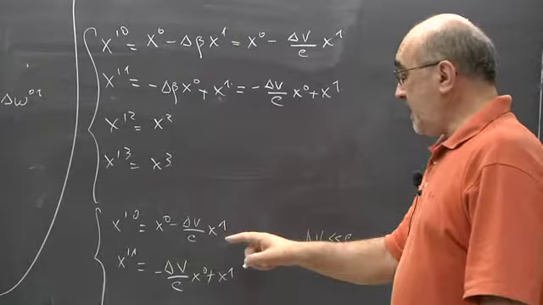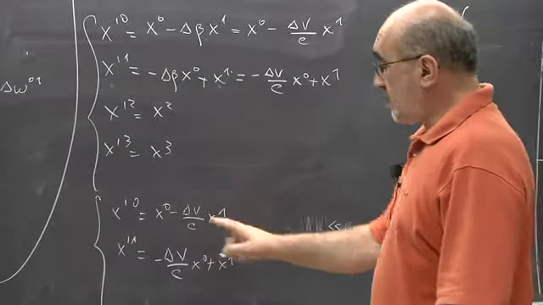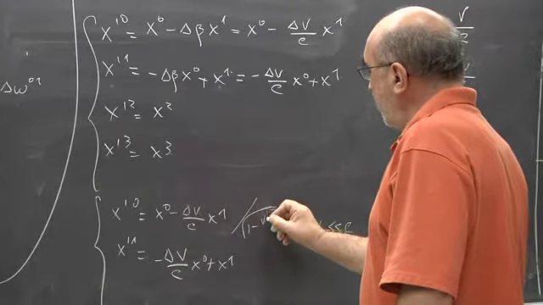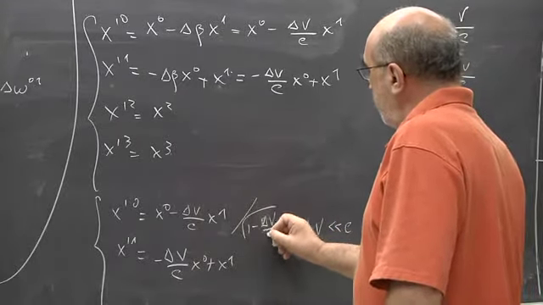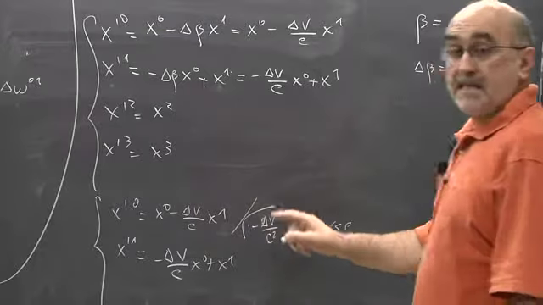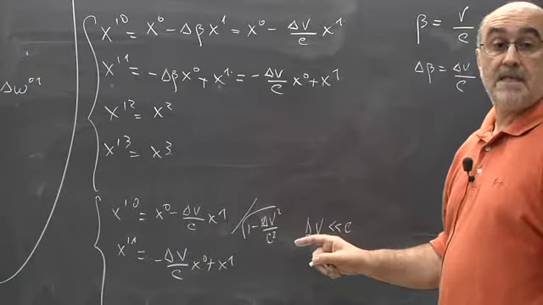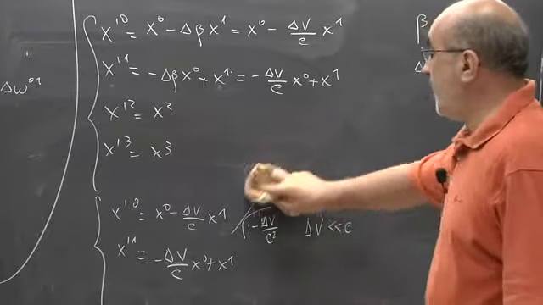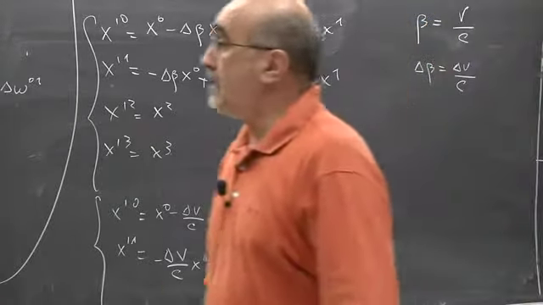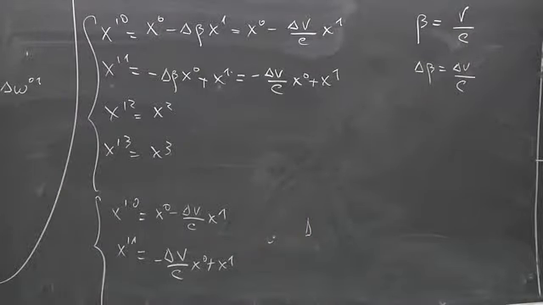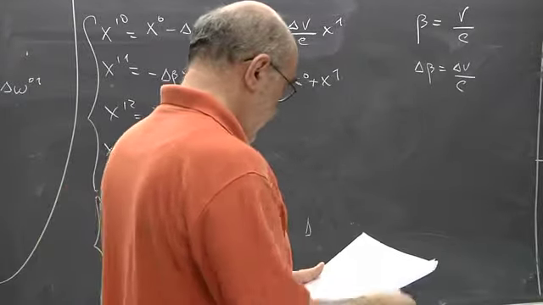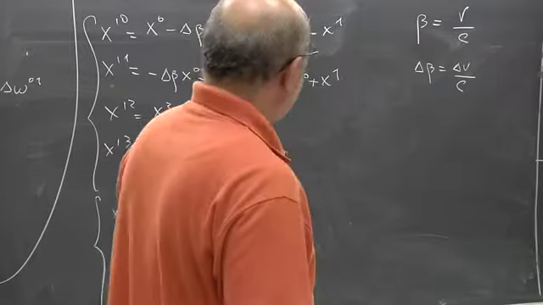Remember, what is missing to be a boost? This looks like a boost, but what is missing is the factor 1 minus delta v over c squared. But this is second order, and second order we have neglected. So basically, this is a boost. So what we have found is that a boost is characterized by having a delta omega of this form. Another example.